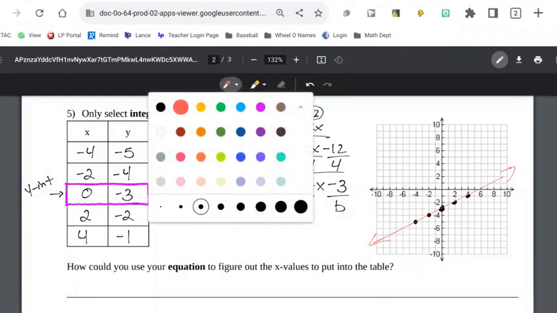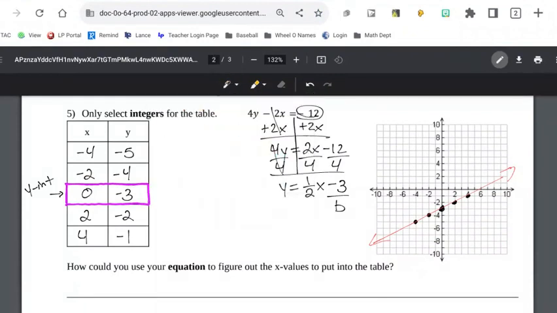Now let's talk about this. It says, how could you use your equation to figure out the x values to put into the table? So our x values here. Well, if we look at our equation, our slope is 1 over 2. And each of our x values are multiples of 2, right?